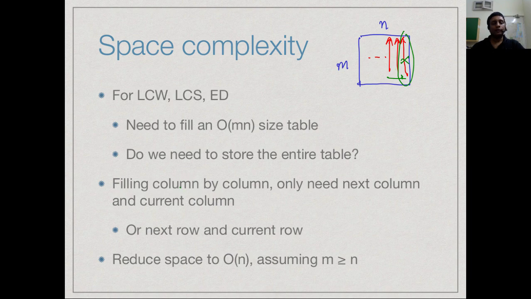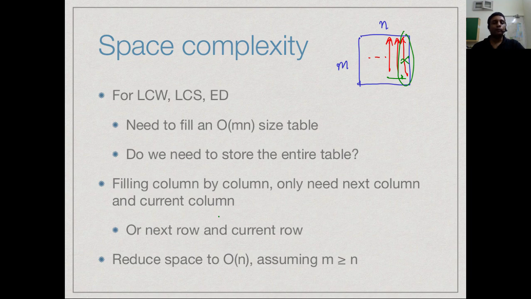So if I fill column by column, I only need the next column, the column on my right, and the current column. Or if I'm doing it row by row, the next row and the current row. So in other words, by just keeping 2 columns or 2 rows, I can completely compute this thing back to 0, 0. So therefore, there's actually no need to do m times n size table as storage.